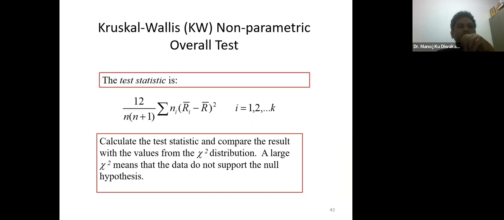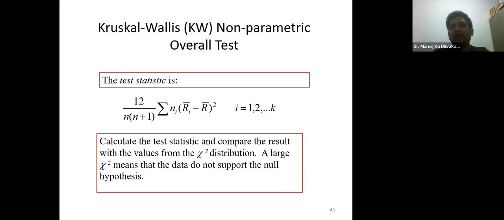This is the Kruskal-Wallis test. When more than two samples are there, you can use this formula, calculate the test statistic, and compare the result with the value of the chi-square distribution. A large chi-square means the data do not support the null hypothesis. So that is how you can make the decision.